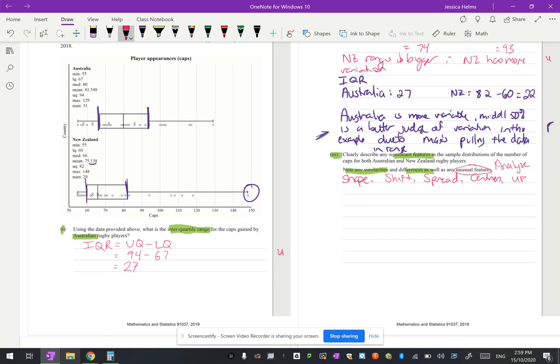When we talk about shape, we talk about things like distribution, how it's distributed, and whether or not there is any skew. Both Australia and New Zealand have a right skew, and potentially New Zealand's is bigger.